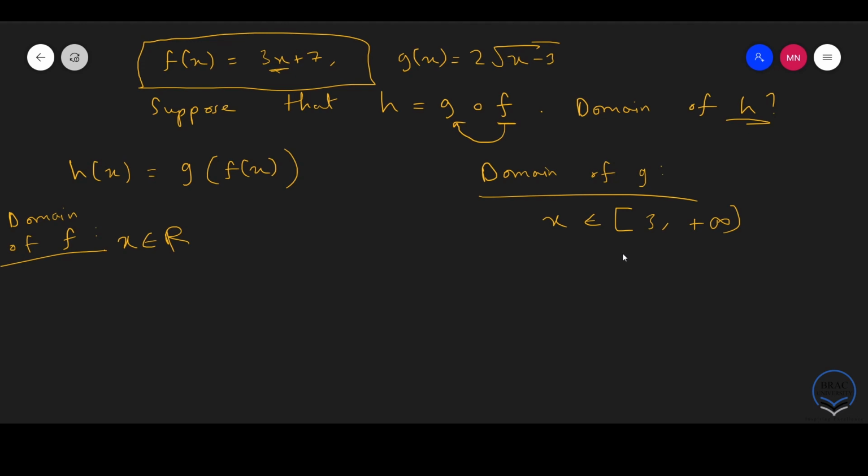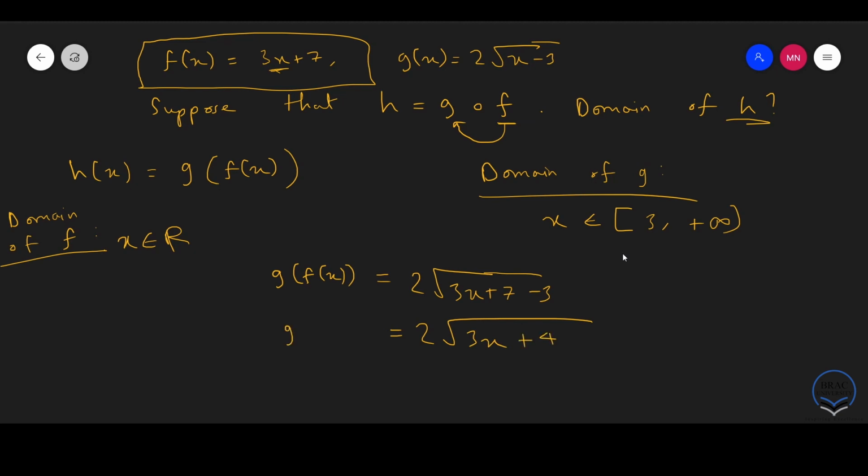Now if we find g of f of x, we get 2 times square root of 3x plus 7 minus 3, right? So we have 2 times square root of 3x plus 4, right?